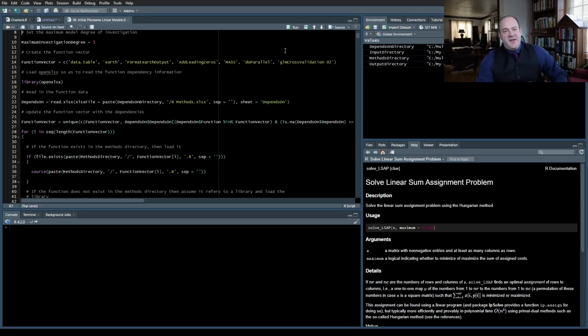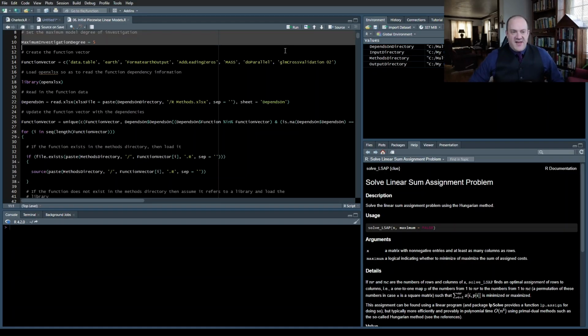All right, so what's going on here? Well, like I said, we are going to run some Mars models. So we have to say how complex these Mars models can be. So remember, in the equation for a Mars model, you have terms where it's either linear or a max function. And then you have products of those things, products of two at a time, three at a time, four at a time, five at a time.